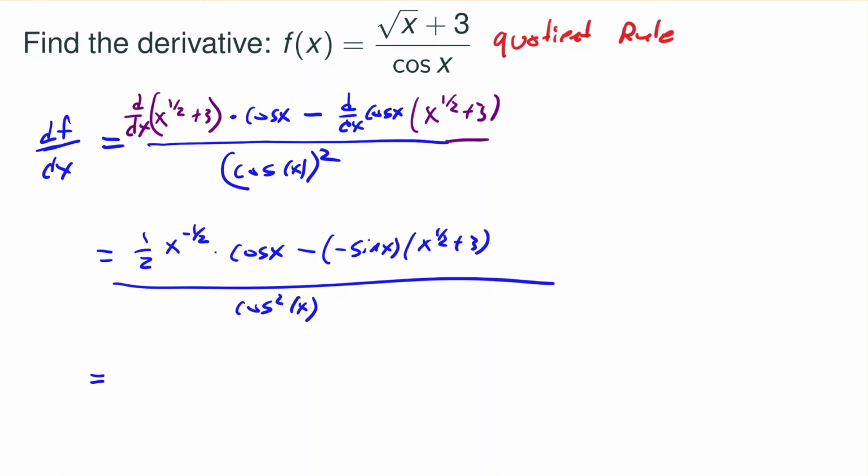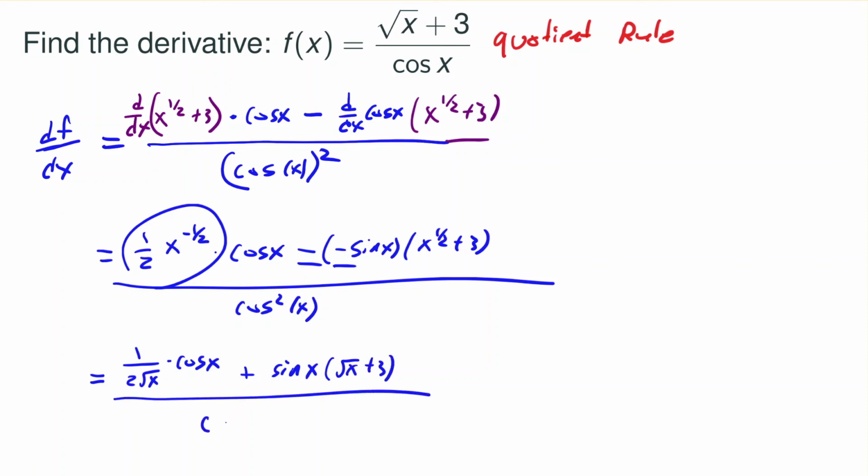So let's simplify. This one we can rewrite as 1 over 2 square root of x times cosine x plus sine x, negative negative becomes positive. Now we can rewrite as square root of x plus 3 over cosine square x.